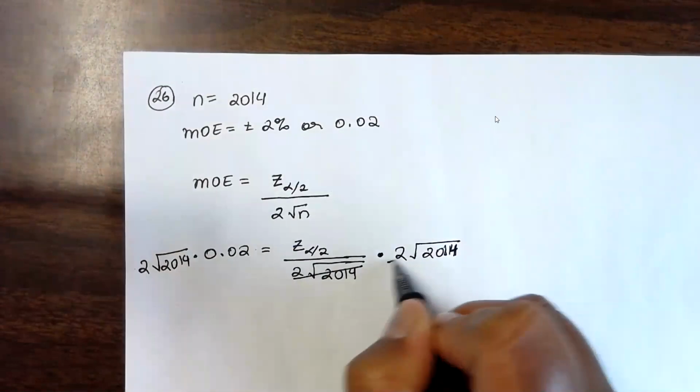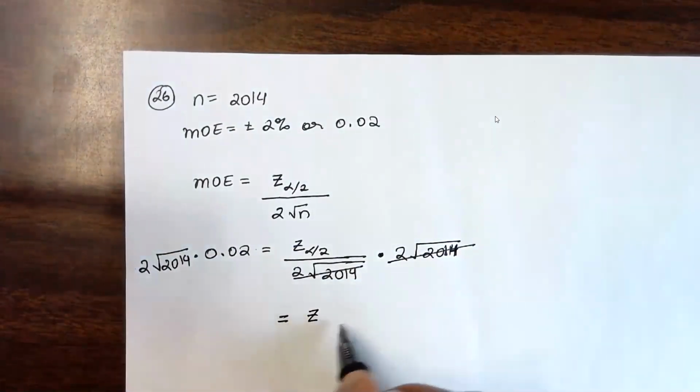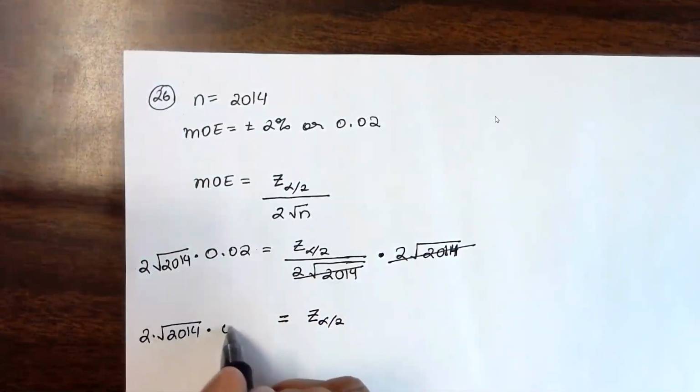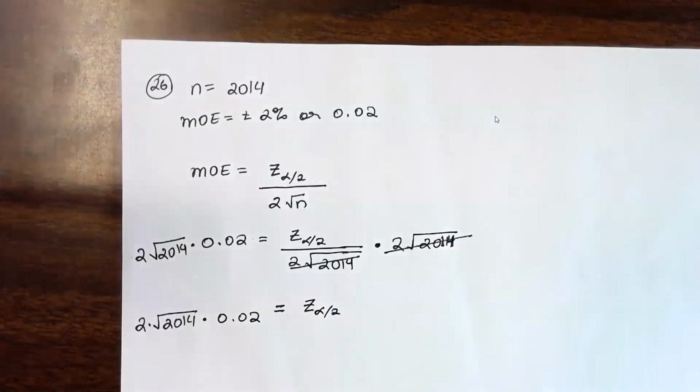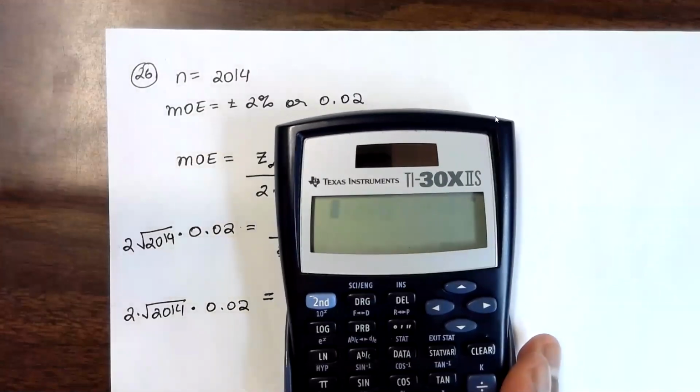So on the right-hand side, they will cancel out, leaving us behind with z alpha over 2, and then we are, of course, multiplying 2 times square root of 2014 times 0.02. So let's see what this answer will come out to be.